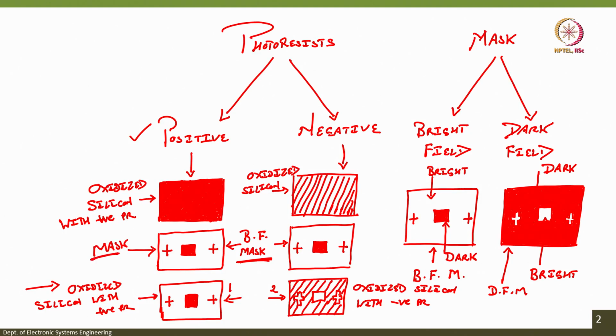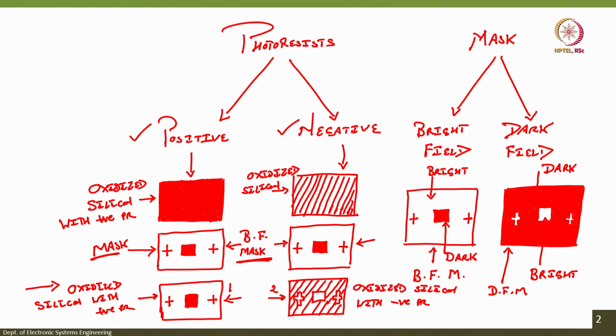In the case of negative photoresist, which is this case, for the mask which is right over here, the final pattern that we get is opposite to that of the mask, right. You see the mask, this is the dark area, here it is brighter in the final pattern, where the plus is dark, here the plus is bright, correct. So, for positive and negative photoresist we have different patterns for the same mask.